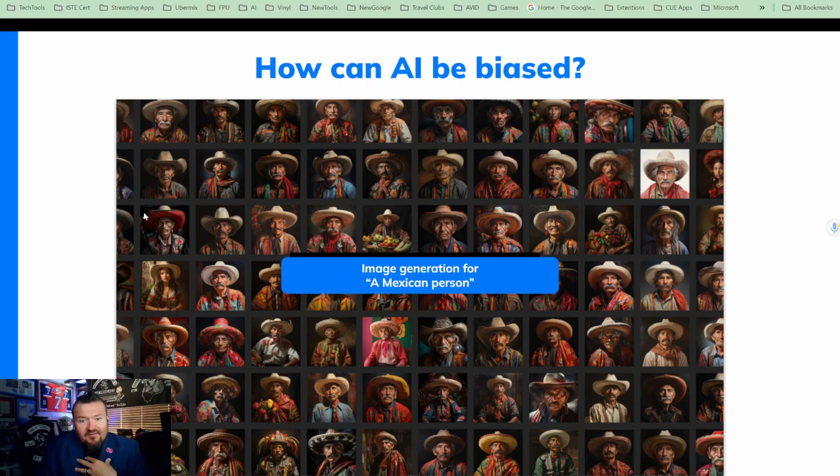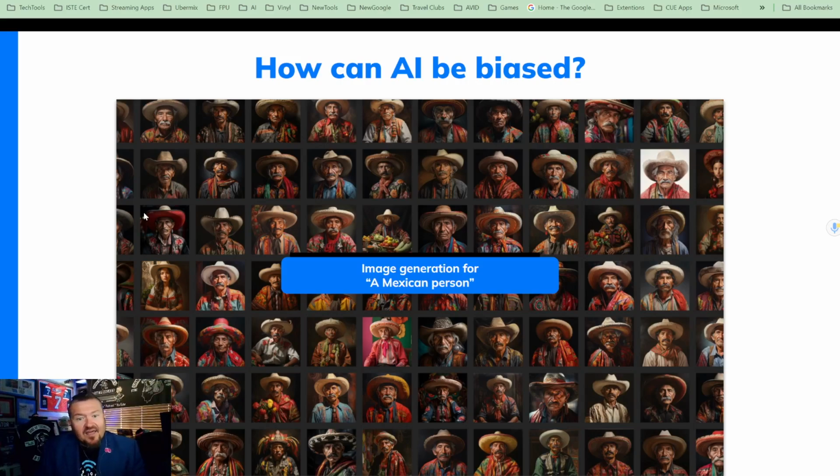I myself am of Hispanic descent, and I don't look like this at all. But this is what the computer, the large language models, generated, because that's what their data set basically told it to produce.